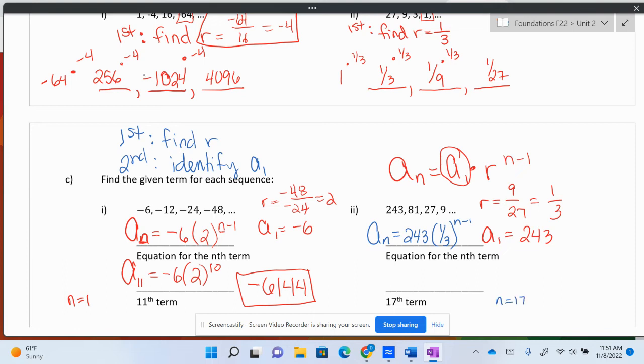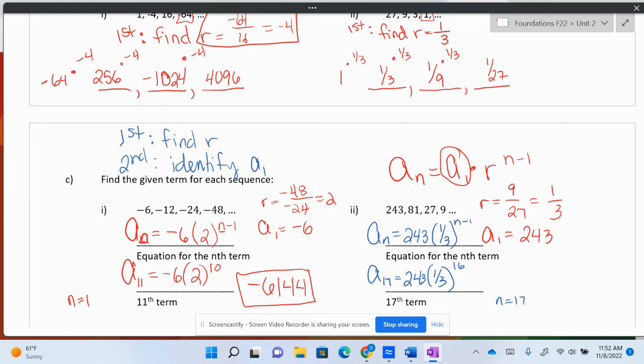N equals 17. So do you want this one as well, Amira? Go ahead. A sub 17. And 17 minus 1 is what? Good job.